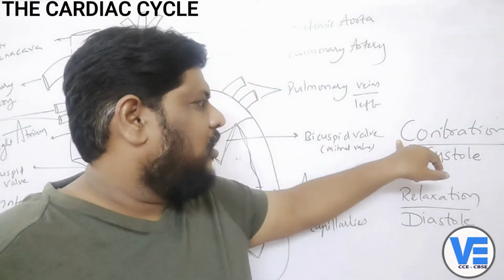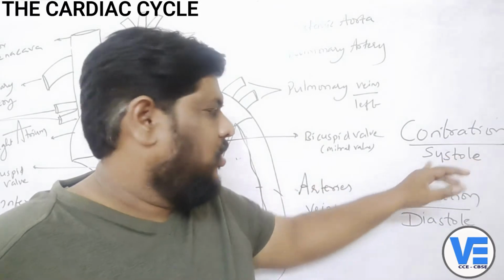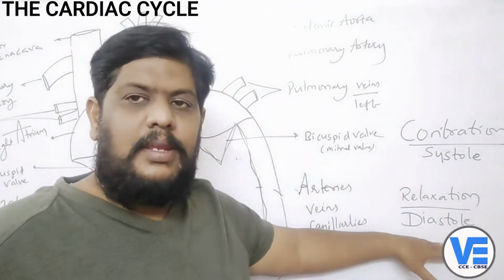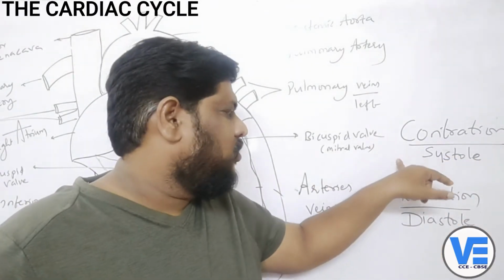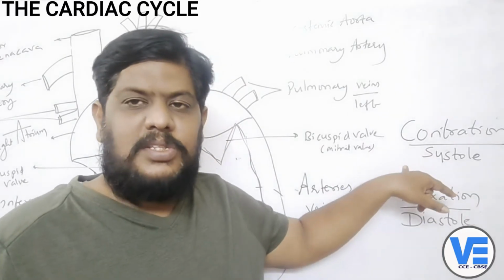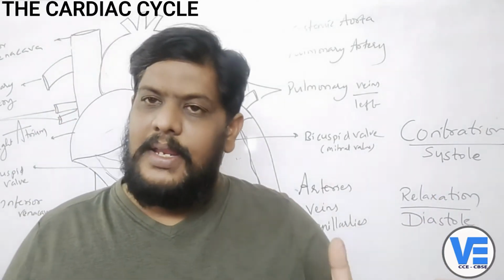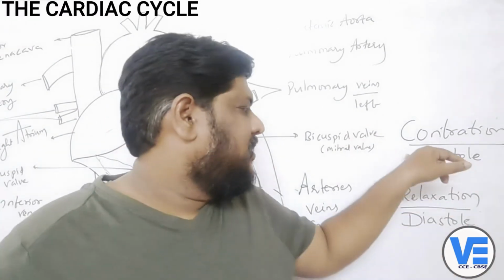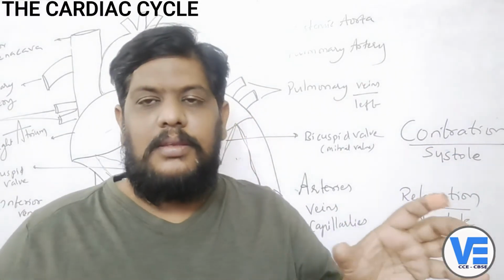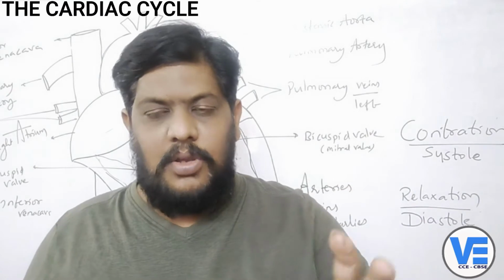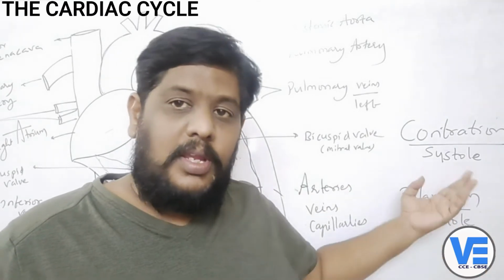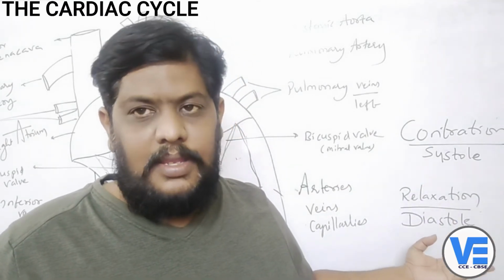So what is contraction? Nothing but the systole. What is relaxation? Nothing but the diastole. One systole and one diastole is equal to one heartbeat, one cardiac cycle. That is, one systole and one diastole of the auricles and ventricles is called as the heartbeat, or you can also call it as the cardiac cycle.